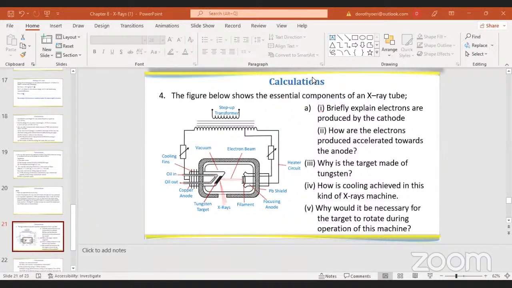We have a diagram there. This is the focusing cathode.